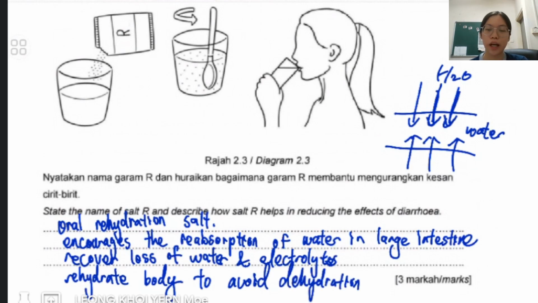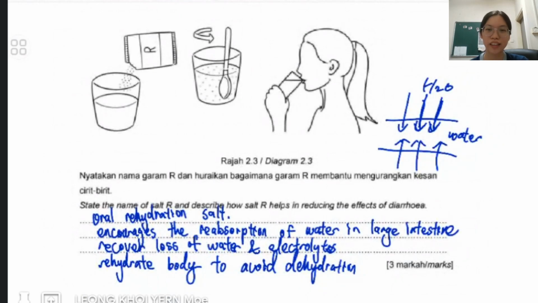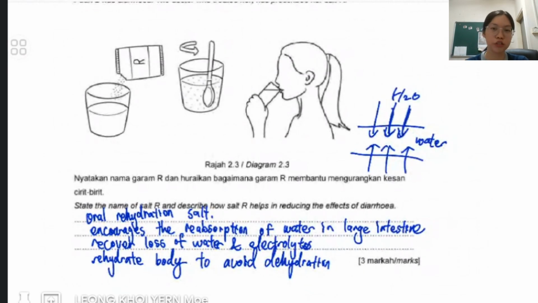I hope you can understand the difference between the saline solution to treat a diarrhea patient and this oral rehydration salt. This one you just drink. The saline solution is not for drinking. That one is inserted straight into your vein, because saline solution is an isotonic solution, so it will maintain your red blood cell shape.